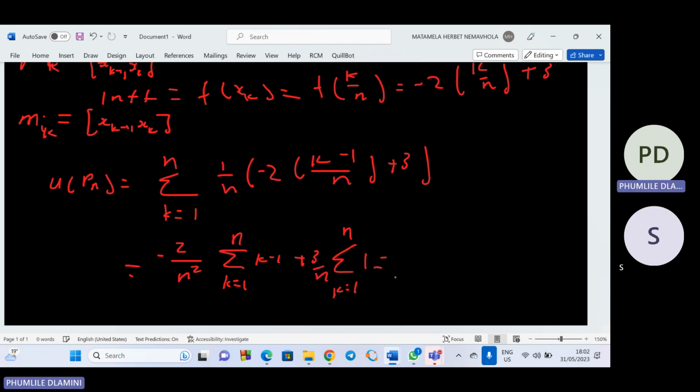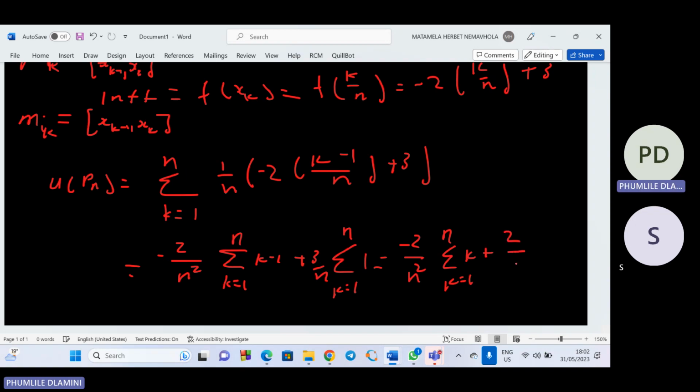So after this, we can subdivide this k minus 1. We will end up having minus 2 over n squared and the sum of k equals 1 to n of k. This negative multiplied by this negative is going to give us plus.